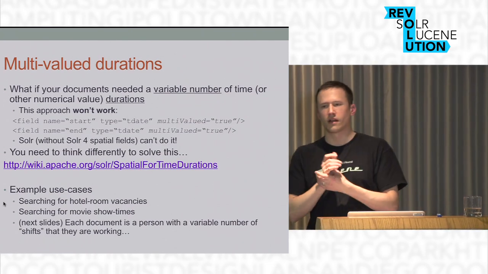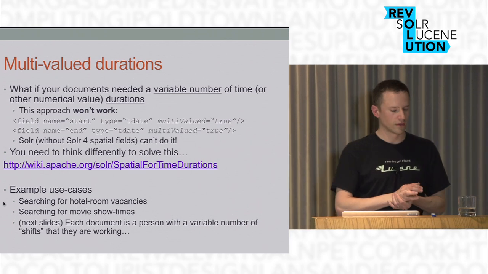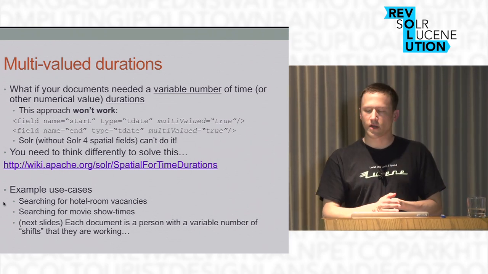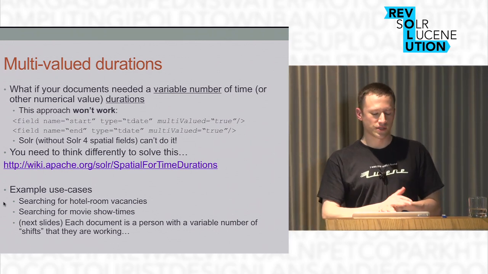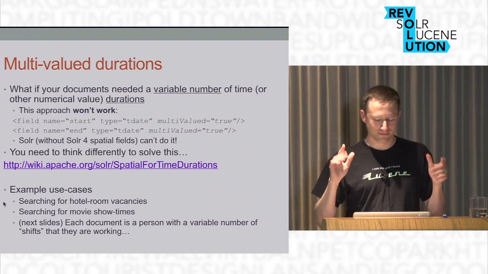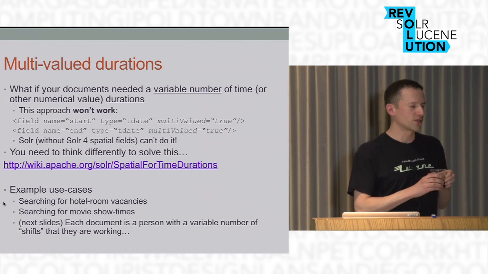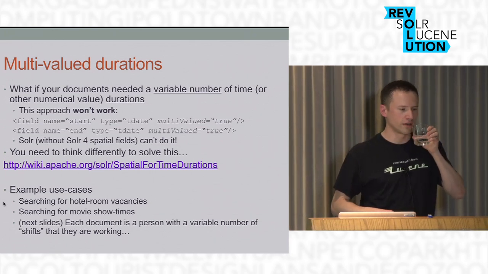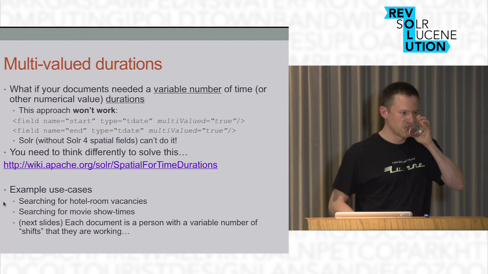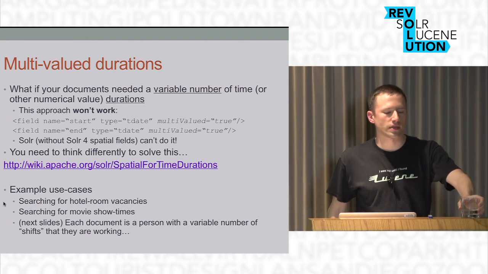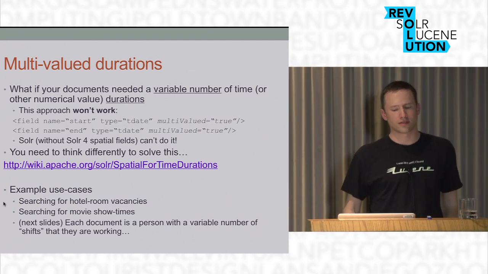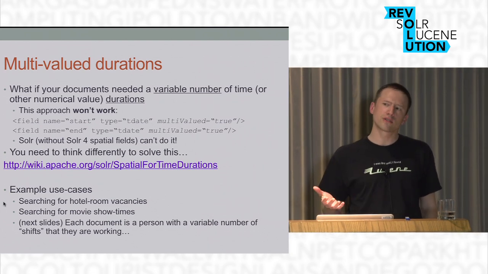And here's the interesting case that Chris Hostetter was talking about on the Chump the Stump. This is a really interesting way of looking at spatial that's not in the geospatial sense at all. One thing that Lucene has not been able to do either is index durations.